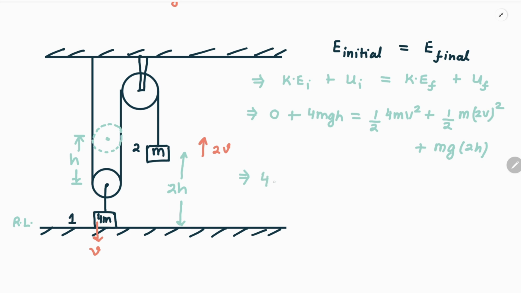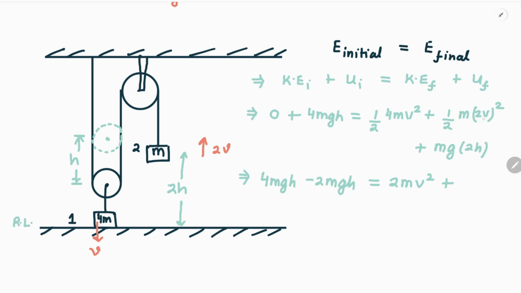On rearranging the terms, we have 4mgh minus 2mgh equal to one half of 4m v squared plus one half of m (2v) squared.